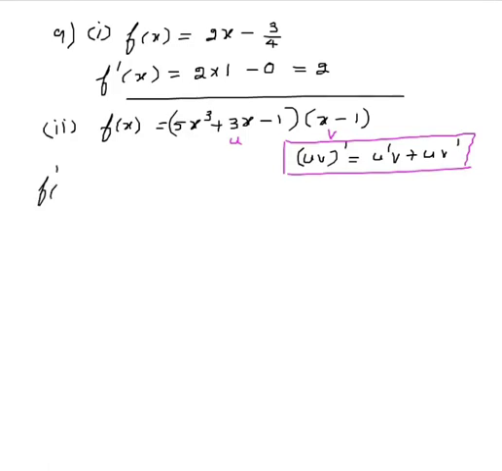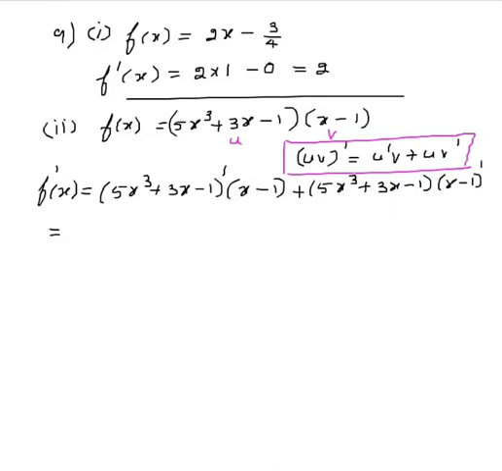Therefore, f dashed of x is equal to u dash into v, write the terms within brackets, plus u and v dash.